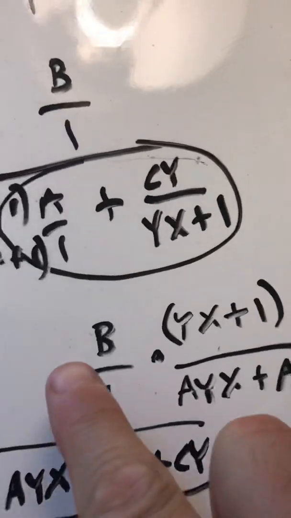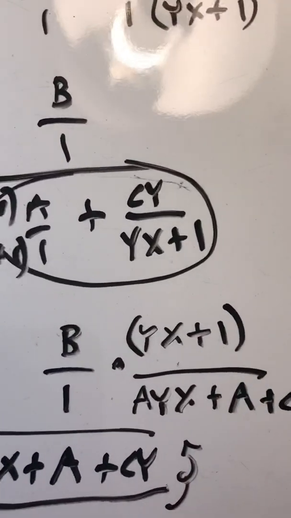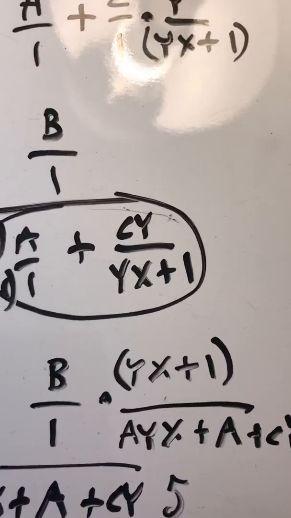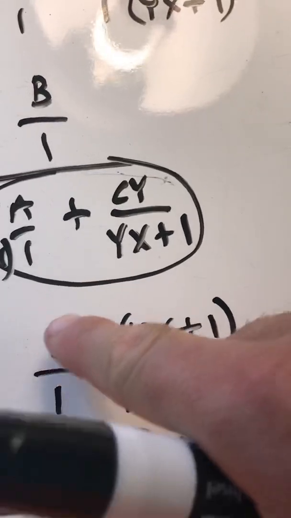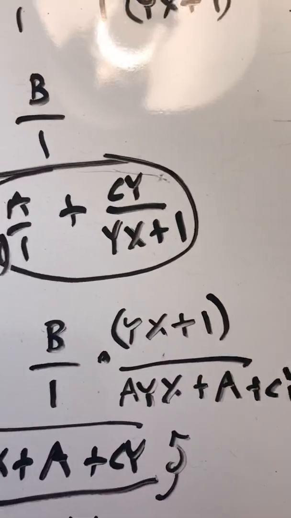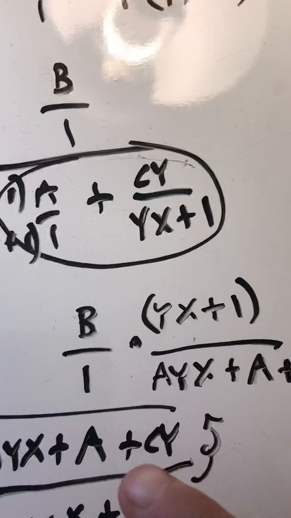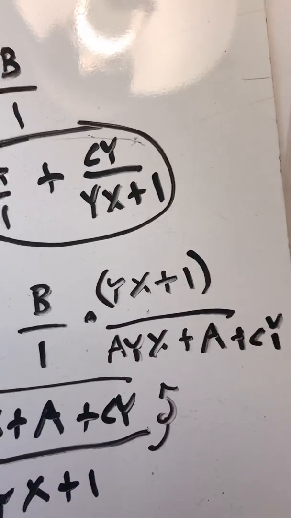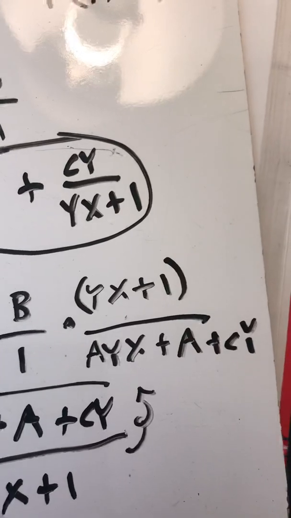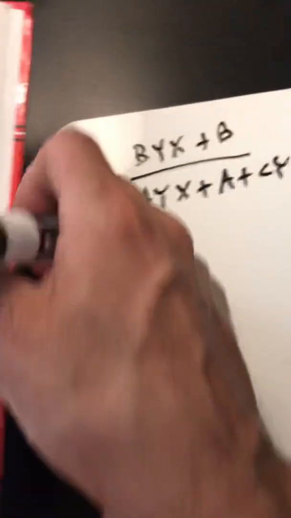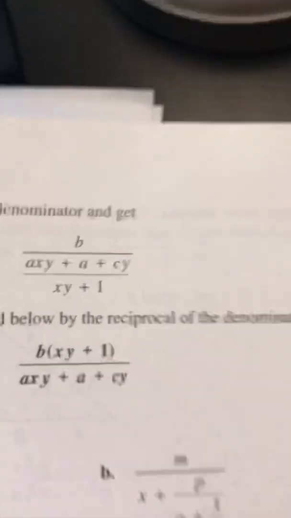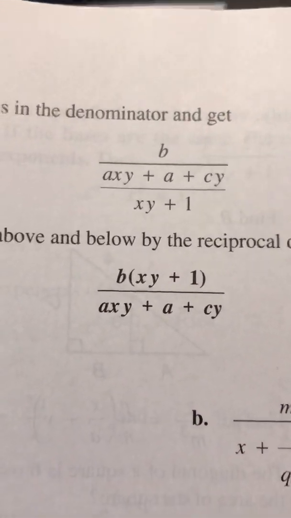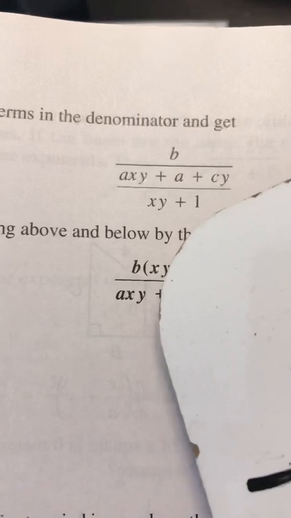So if I multiply the b times each term, I'm going to get byx distributed there, and then b times 1 is plus b, all over 1 times this stuff, so that's just keep the denominator, ayx plus a plus cy. And that's what it looks like.